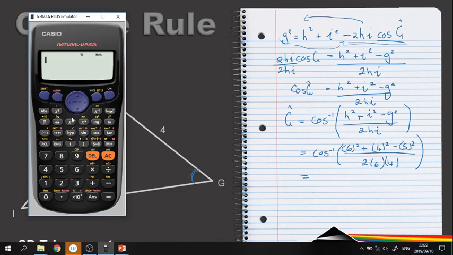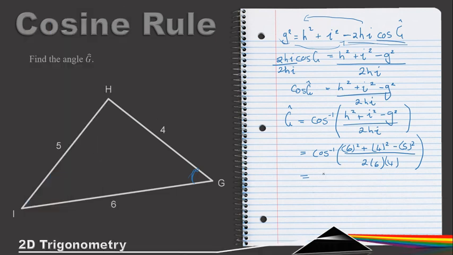So, shift inverse of cos, and then we have our fraction. 6 squared is 36, plus 4 squared is 16, minus 5 squared is 25, all over 2 times 6 times 4. We close the bracket, and this gives us 55.77.